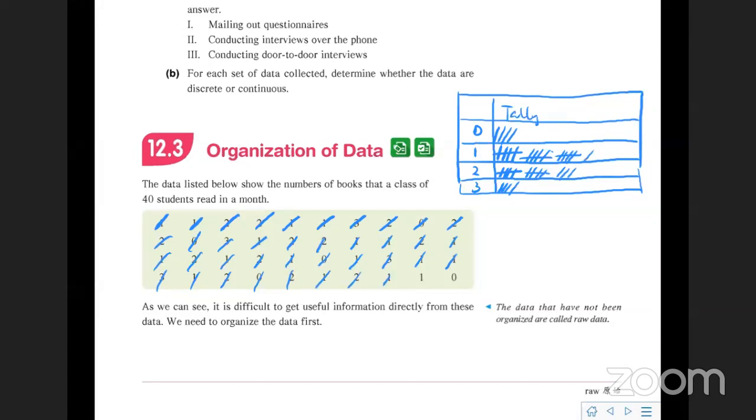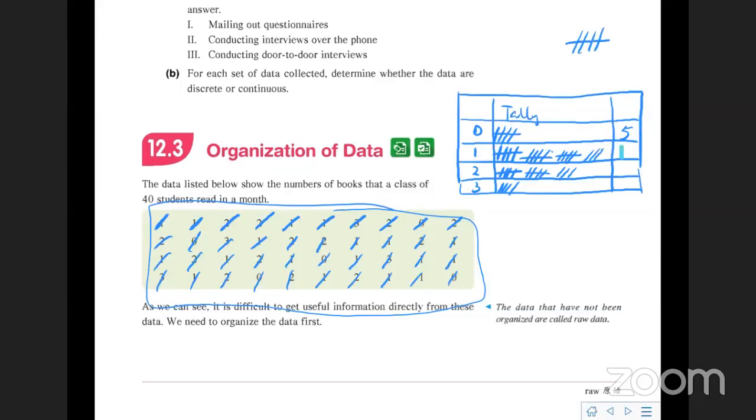This way you can ensure that if all the data have been crossed out, then you can be sure that you have counted everything. And then this one means 5, right? Because each one, 1, 2, 3, 4, 5.